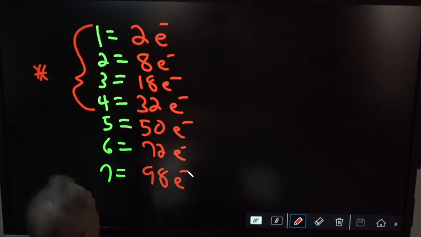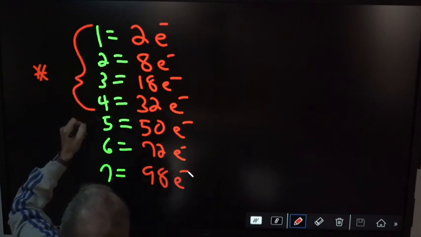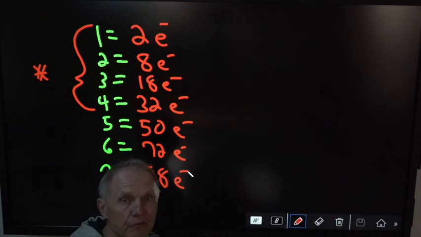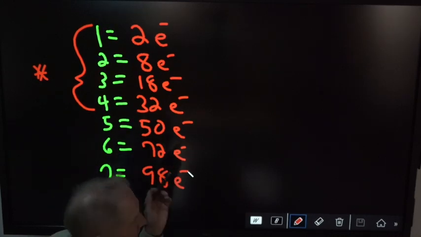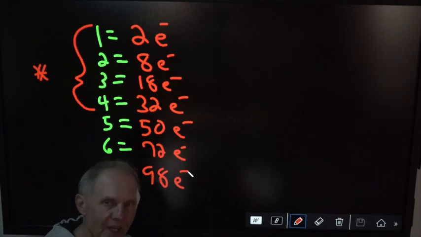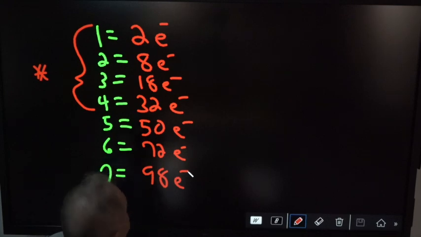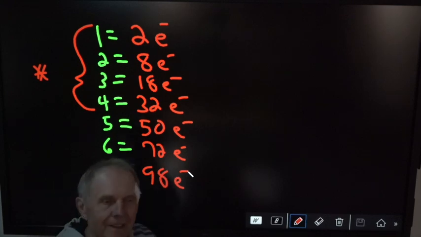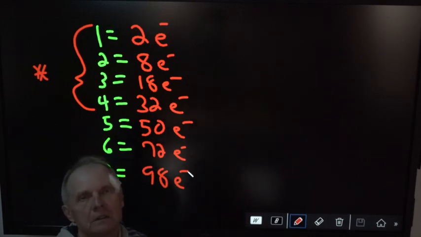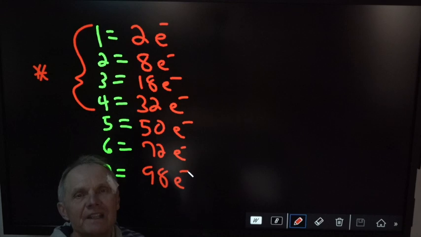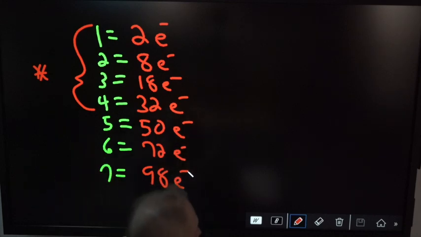But like I said, we are mainly concerned with shells 1, 2, 3, and 4, or energy levels 1, 2, 3, and 4. All right? So that's how many electrons can fit in each energy level or shell. Now, there's something smaller than a shell, and it's called a subshell.